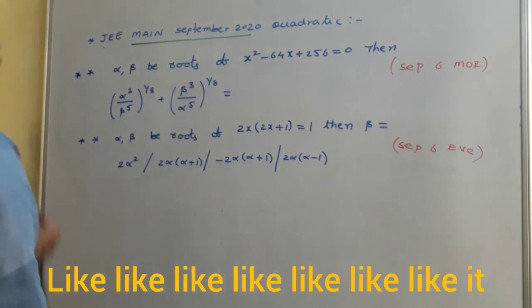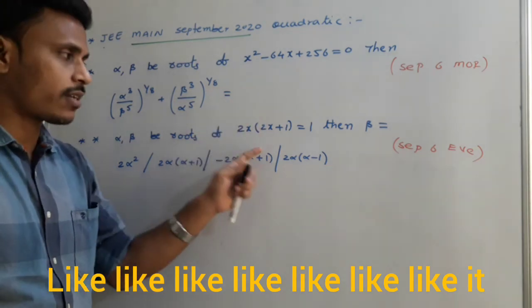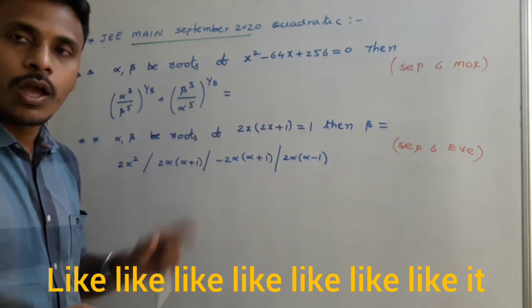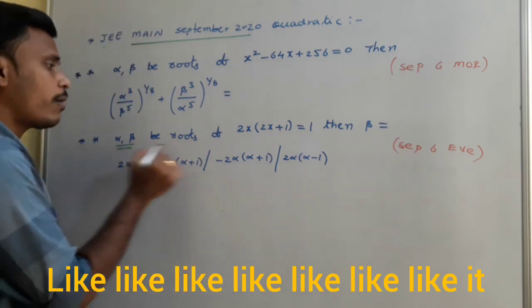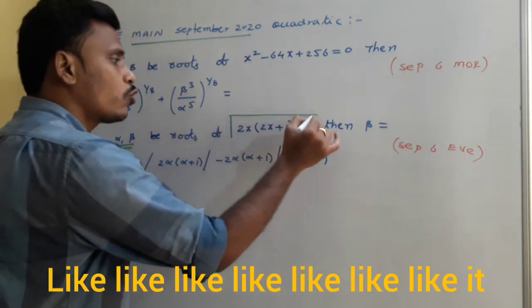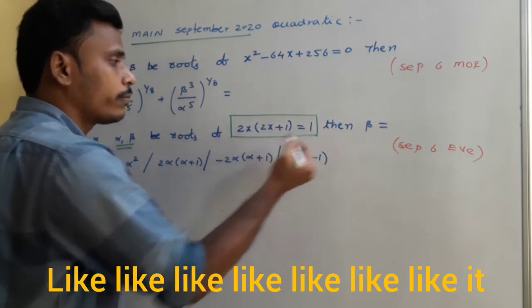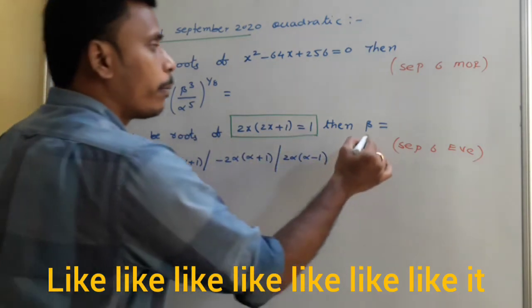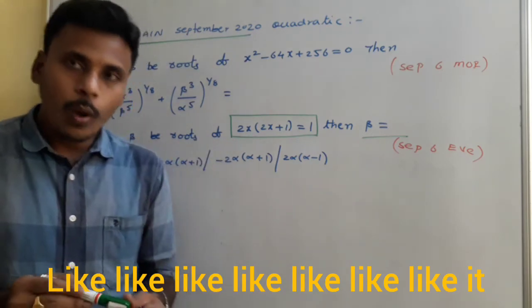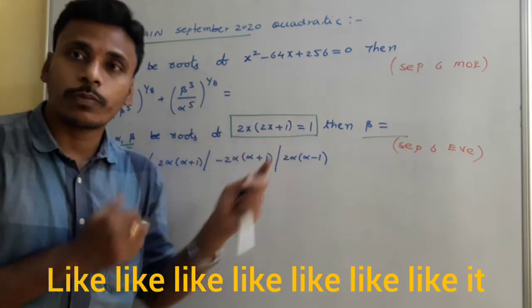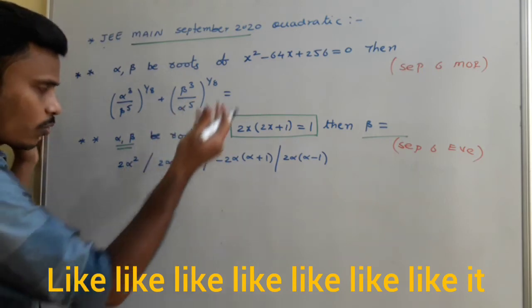So the September 6th morning question and the September 6th evening question from quadratics of Mains 2020 September. See the second one. Alpha, beta are the roots of 2x into 2x plus 1 is equal to 1, and beta is what, in terms of alpha, we need to identify. When you look at the equation 2x into 2x plus 1 is equal to 1, it's a quadratic actually.